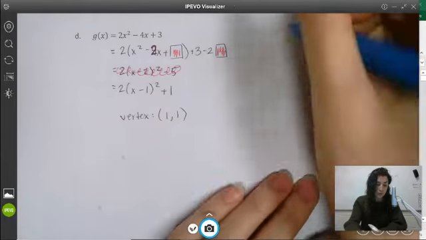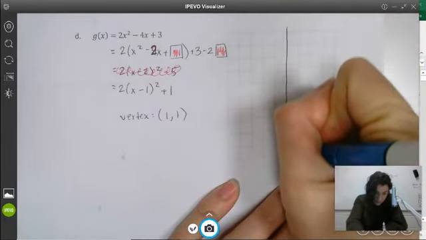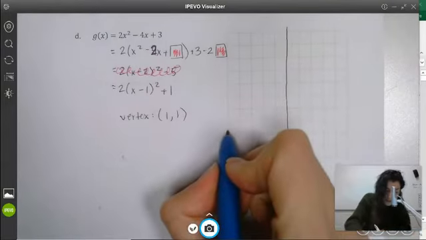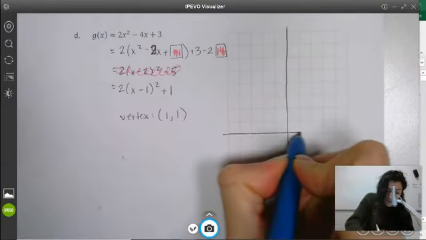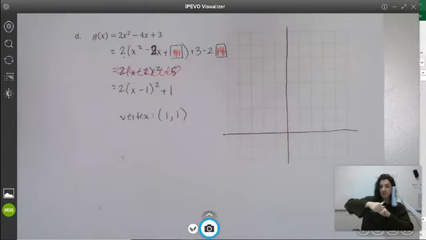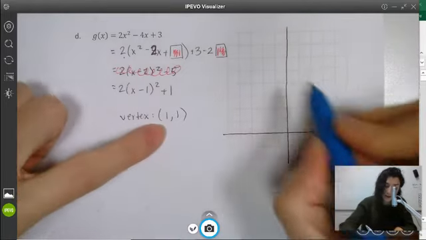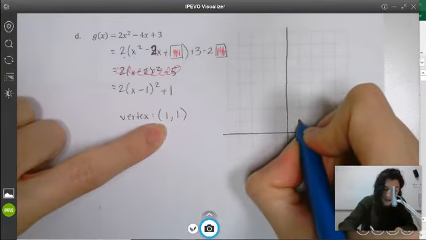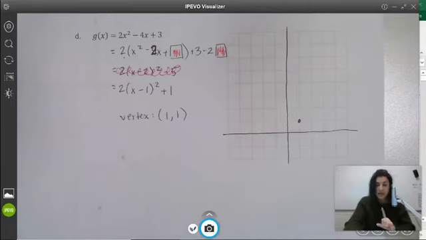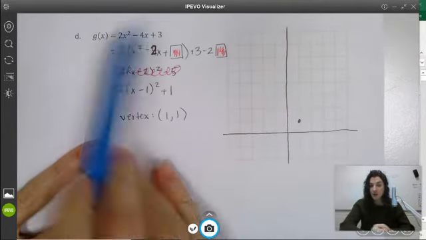I am going to put my axes fairly in the middle. I'm going to put my x-axis actually towards the bottom because I know I'm being stretched vertically in a positive direction by 2, so I know that most of my key points are going to be higher up on that y-axis. 1, 1 is our vertex, and now we're going to talk about our vertical movement being multiplied by 2.